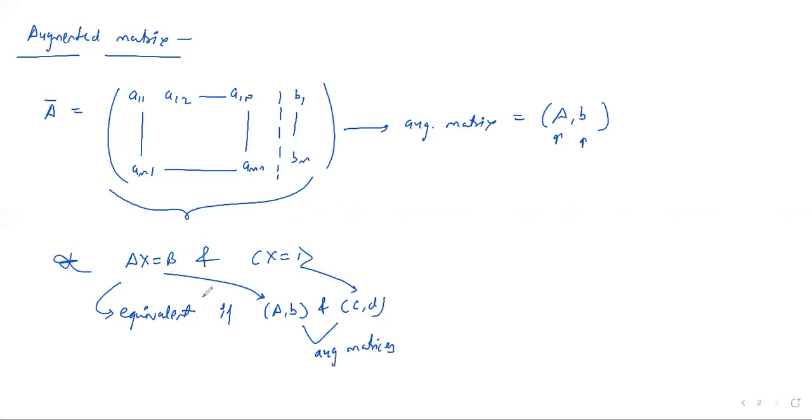So these systems are said to be equivalent if the augmented matrices, that is (A, B) and (C, D), are row equivalent. Then these systems will be equivalent.